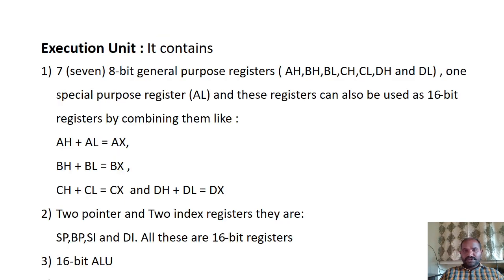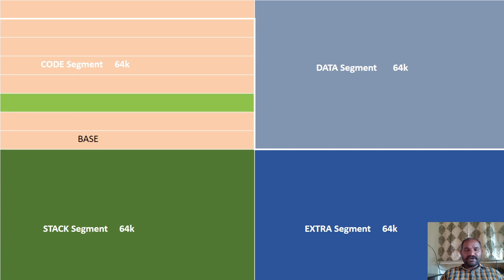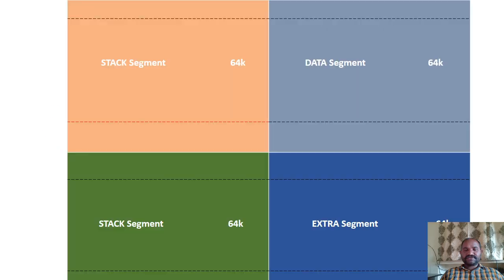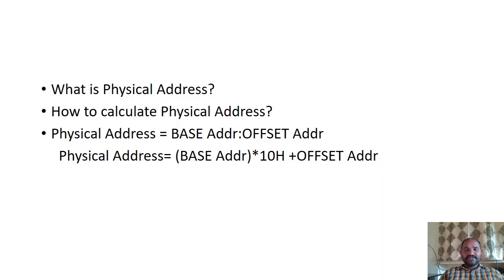Let me show you that formula. The base address is multiplied by 10h, and it is added with the offset address, so that it forms the 20-bit physical address.